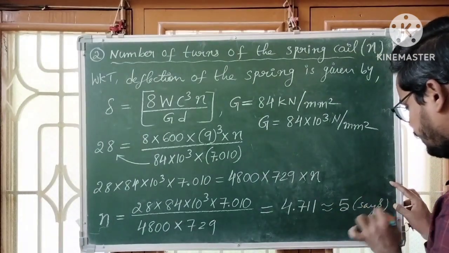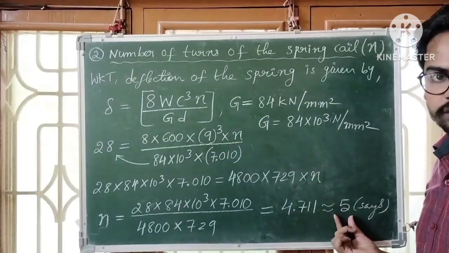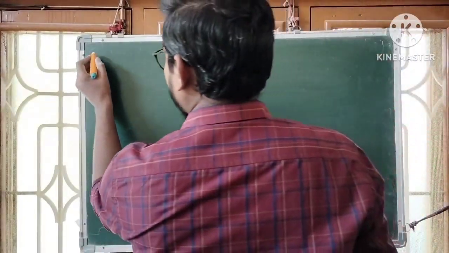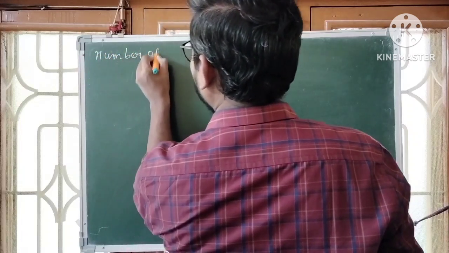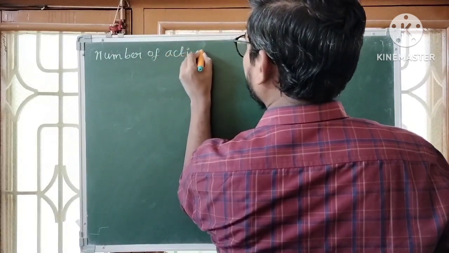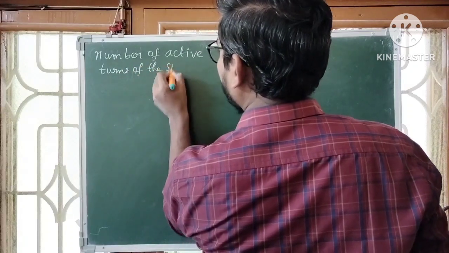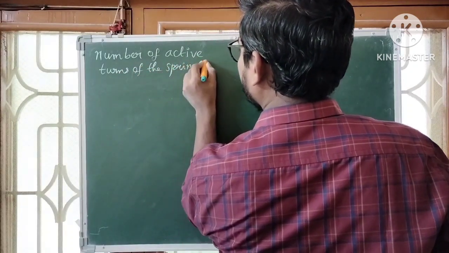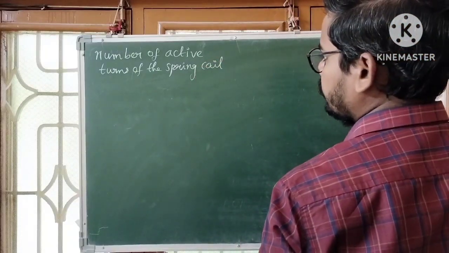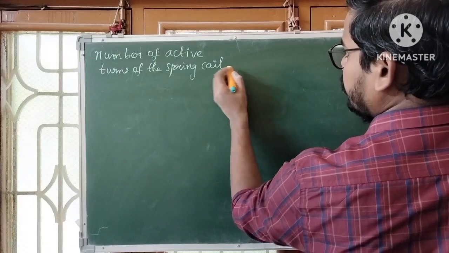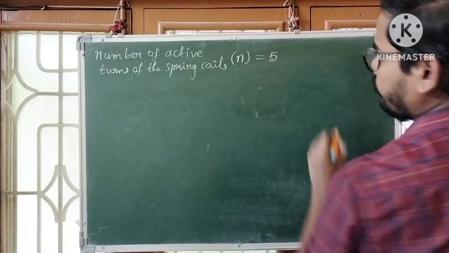So the number of active turns of the spring coil is 5 turns. Therefore n is equal to 5.